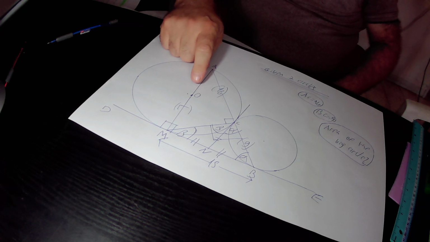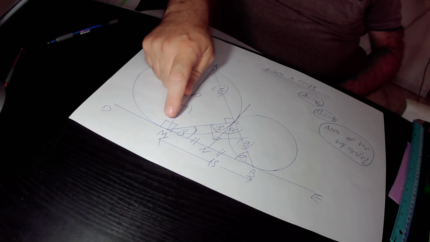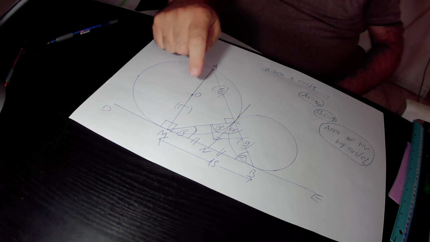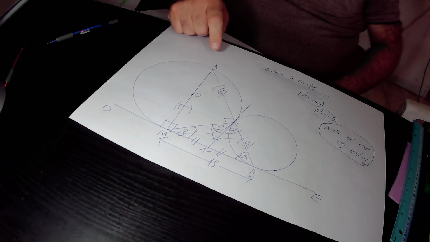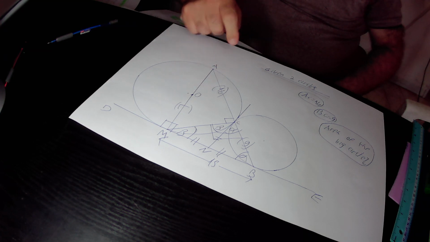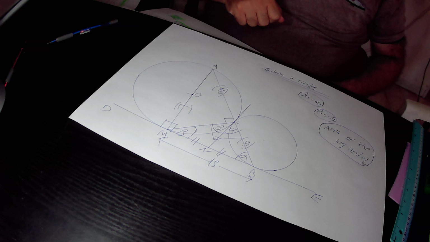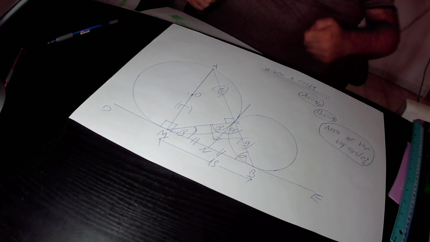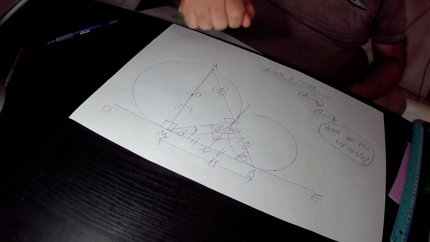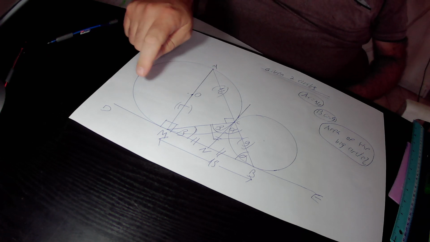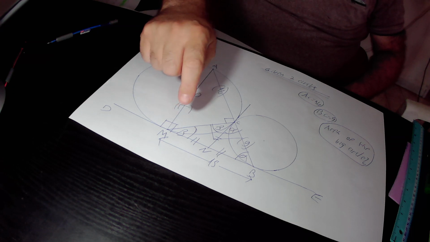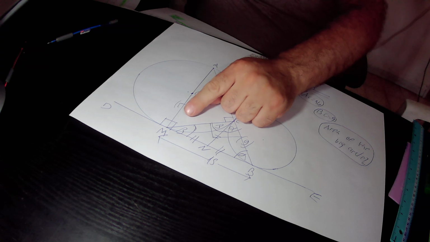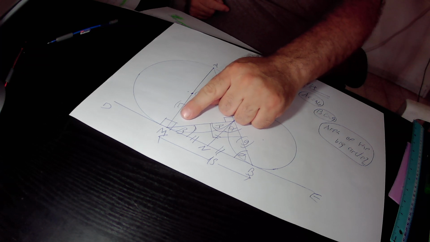Point M is a point of the circle itself, therefore OM is the radius of this big circle. We define the radius of this big circle as R. So OM equals R, and because the radius OM is drawn to point M, that is the point of tangency of tangent DE with this big circle, and whenever a radius is drawn to the point of tangency, then the tangent DE will be perpendicular to the radius OM. If DE is perpendicular to OM, it means that this angle equals 90 degrees, and this angle also equals 90 degrees according to rule 1.